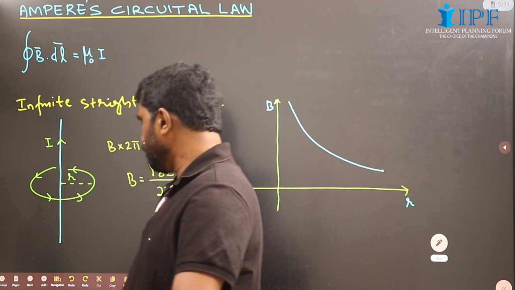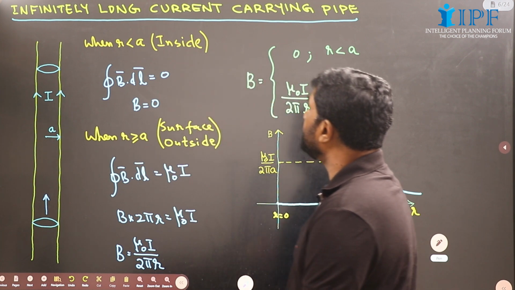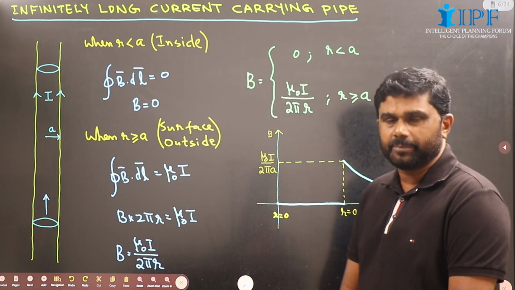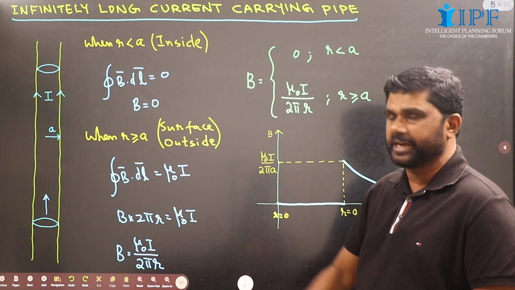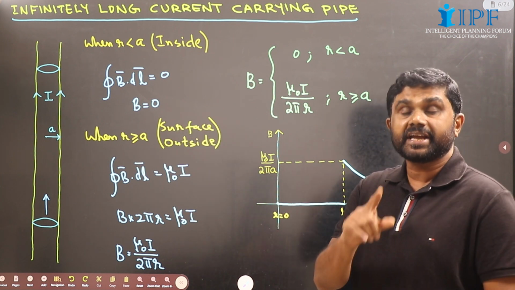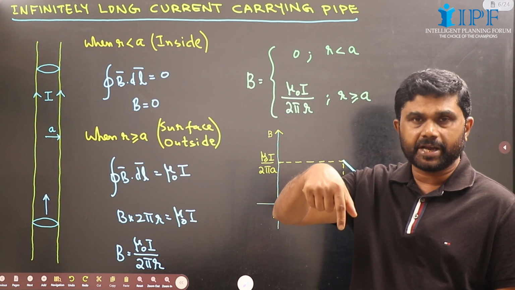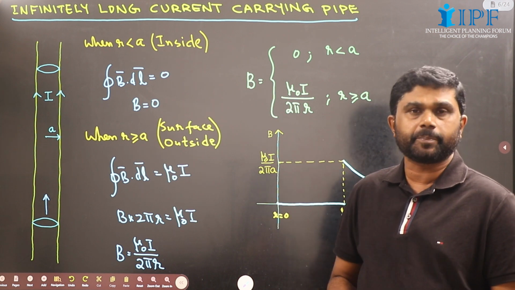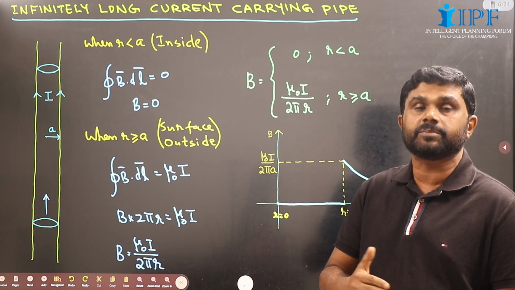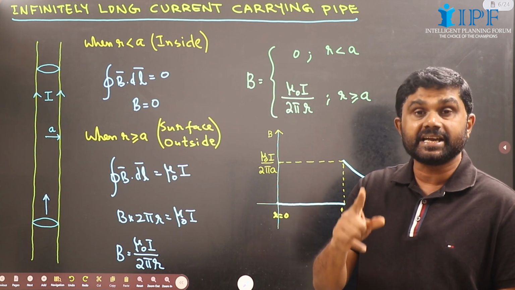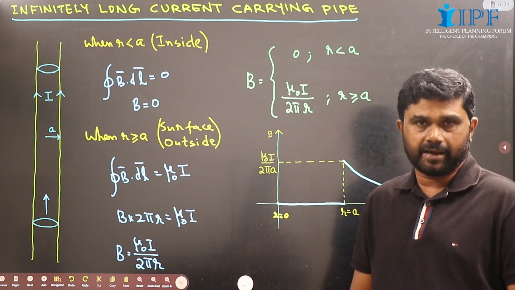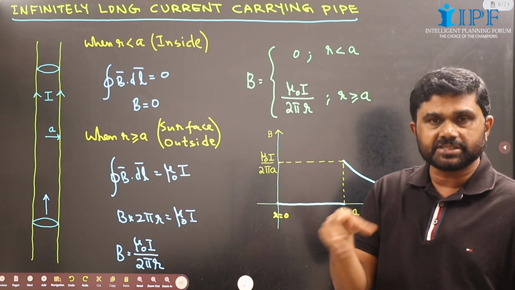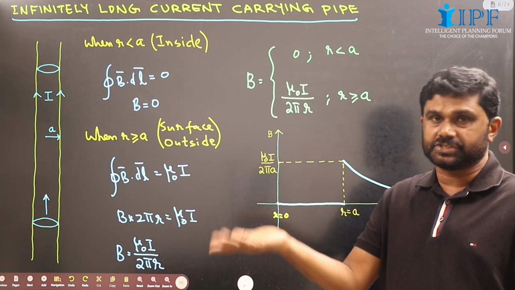Now this is an infinitely long current carrying pipe, meaning it is hollow and cylindrical, and its radius here is small a. If we take any closed path inside the pipe, no current is threading through the path and the magnetic field intensity will be 0. Just like we have done in electrostatics, that is the spherical shell: inside the spherical shell, electric field intensity was 0.